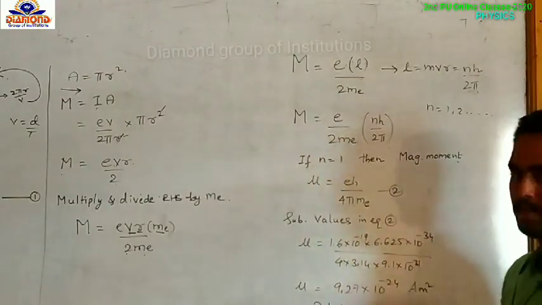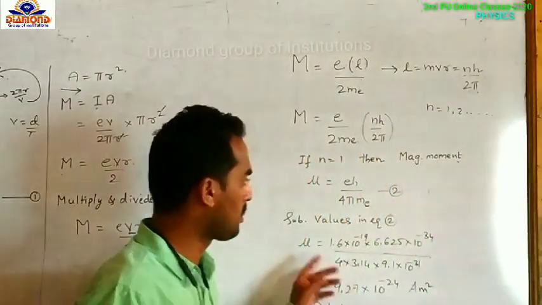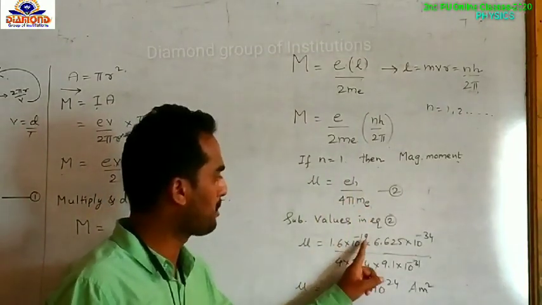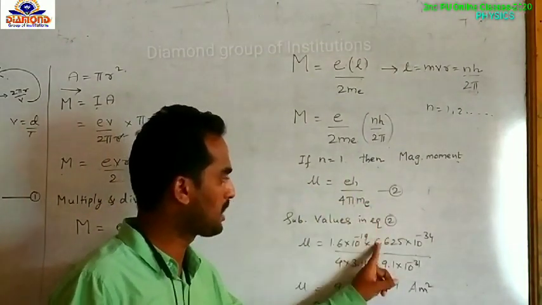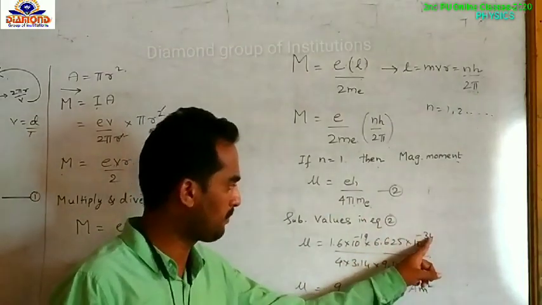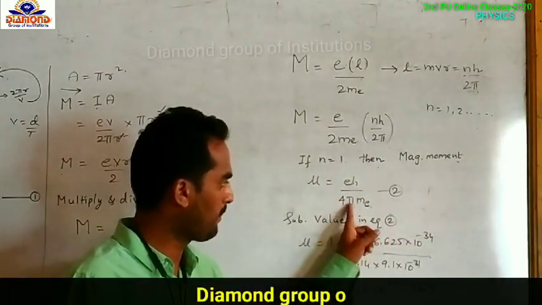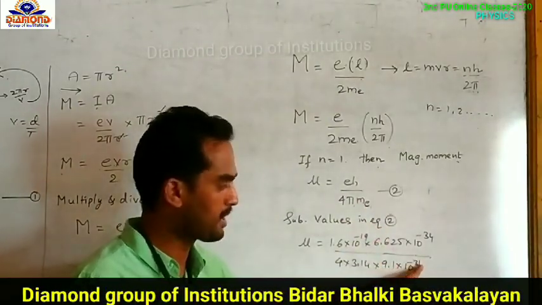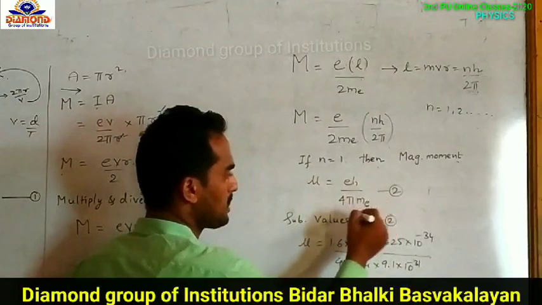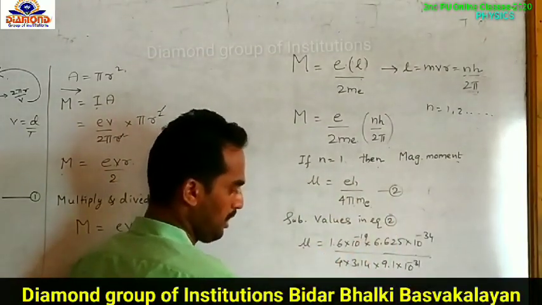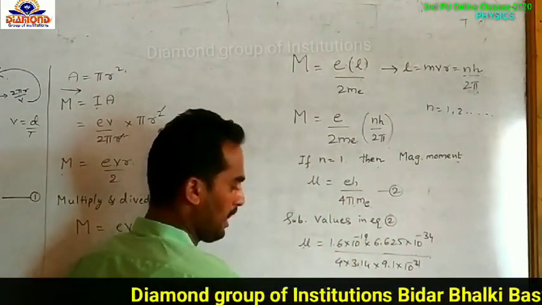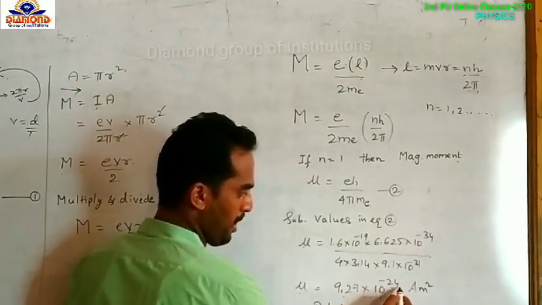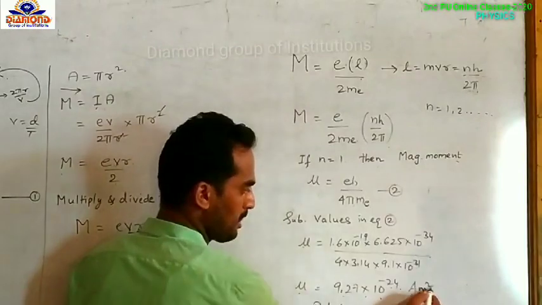Now substituting the constant values: e, the charge of an electron, 1.6 into 10 power minus 19, h value 6.623 into 10 power minus 34, by 4, pi value 3.14, mass of an electron 9.1 into 10 power minus 31. If you do the simplification, you are going to get the Bohr magneton value as mu equal to 9.27 into 10 power minus 24 ampere meter square.